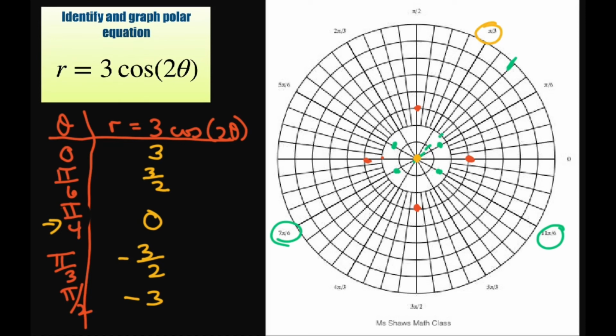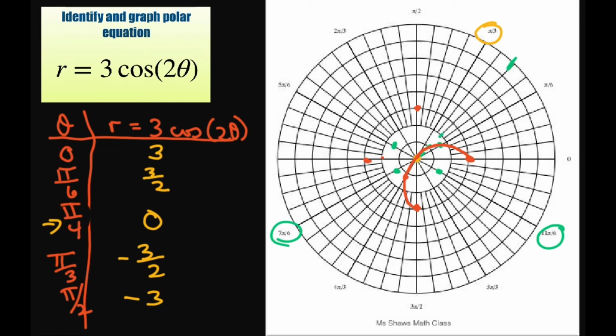We're going from here to here, and then here to here. At pi divided by 3, we're at negative 1.5, so you're going down 1. And at pi divided by 2, we're at negative 3.